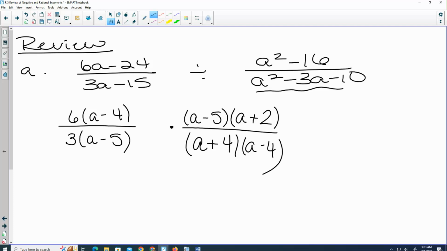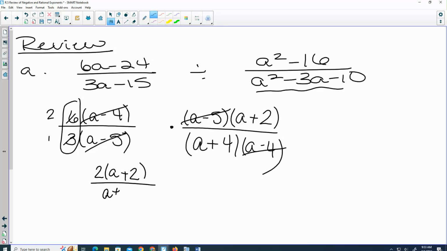So now we can reduce if anything's on top and bottom. So those cancel, these cancel. What about 6 divided by 3? What is that? 2. 2 over 1. So if you multiply, you have 2 times the a plus 2, 1 times your a plus 4. Or you could write 2a plus 4 over a plus 4.